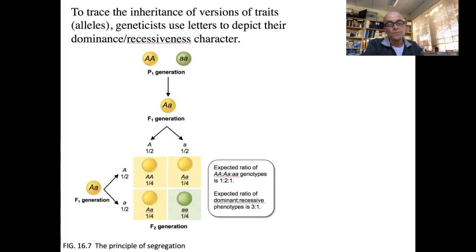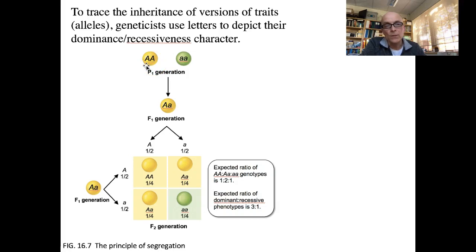Okay, so if you've taken any biology in high school, you've probably seen some of these slides before, some of these concepts. So what you have here is a depiction of this genetic inheritance. So you start in the parental generation.